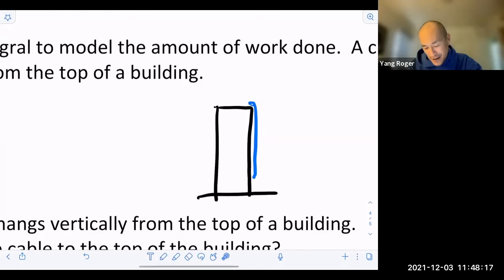On the other hand, the bottom of this rope has a lot of work to do. Why does the bottom of the rope have a lot of work to do? Because we have to pull this little piece of rope down here a much greater distance than we do the top of the rope.